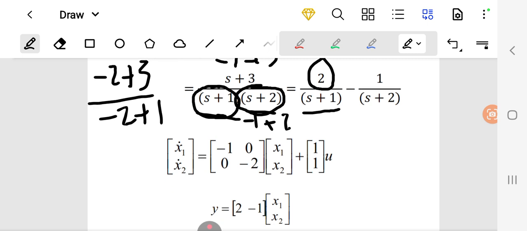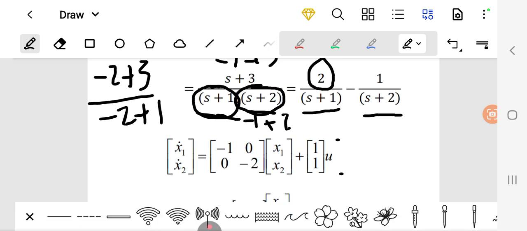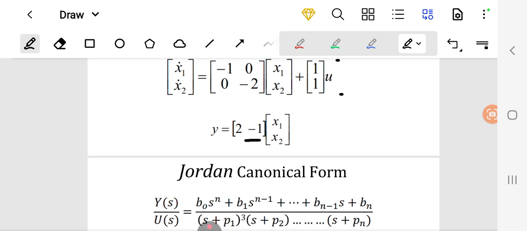Then we will take the opposite sign of the poles, negative 1, negative 2, and above the diagonal 0 and below the diagonal zeros. For the u, coefficients of b, all 1s. For the y, we have the coefficients as the numerator of the partial fractions, 2 and negative 1. We don't have a constant added here, then b naught equals 0, which is multiplied by the u.